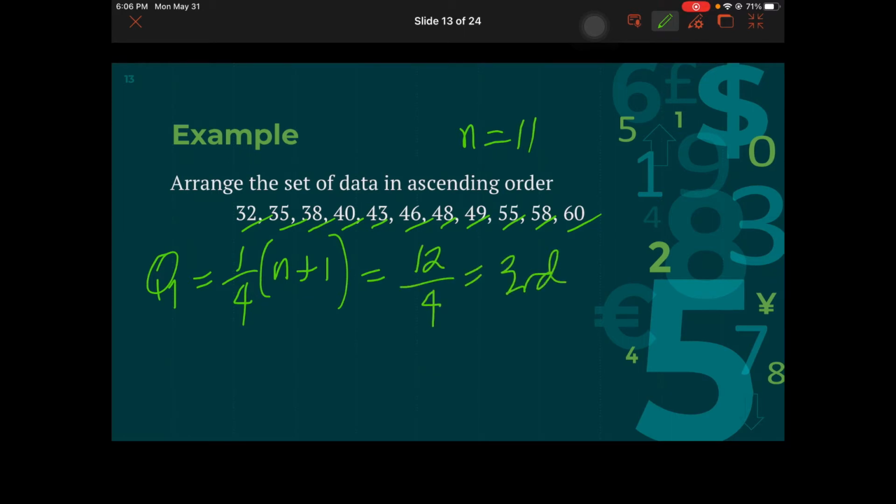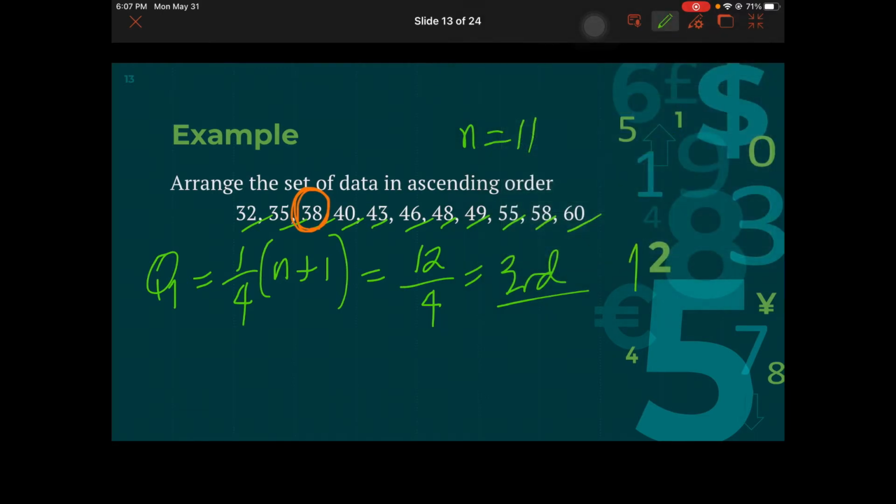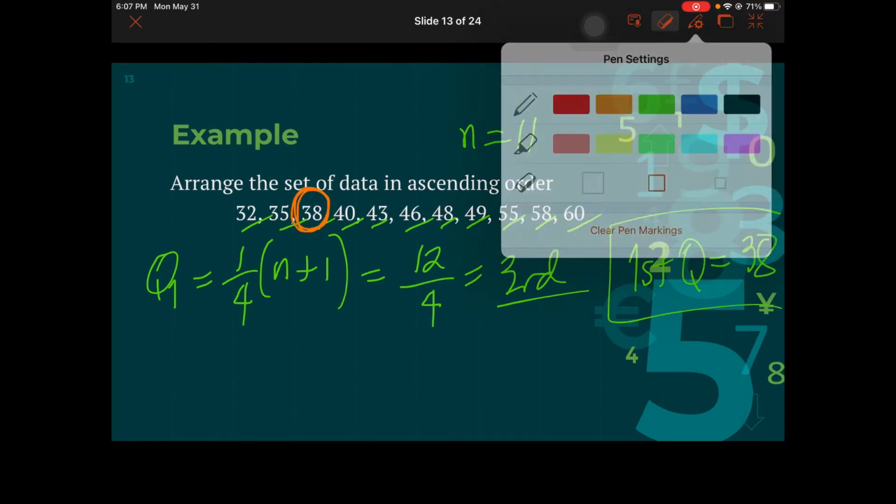We're looking for the third value. Now, as you can see, whole number siya. Ano yung usapan natin before? If for the position you get a whole number, you can safely use the M&S method. Okay? So, nasan yung third value natin? Ito, si 38. So, that means ang ating first quartile is 38 kilograms.